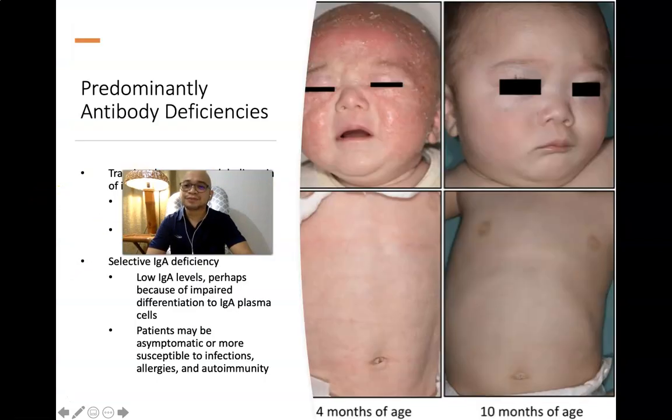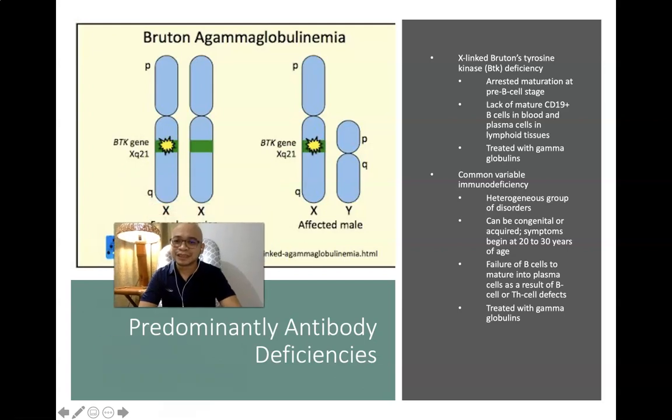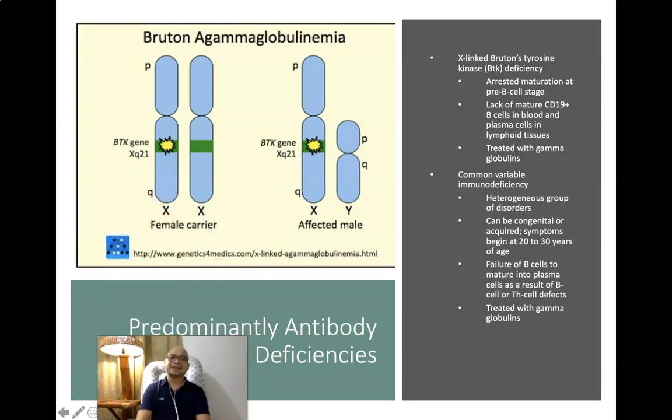Okay, so our first category here is Bruton's agammaglobulinemia. It is an X-linked disorder involving Bruton's tyrosine kinase, so that's the reason why we call it BTK deficiency. How do we describe it?